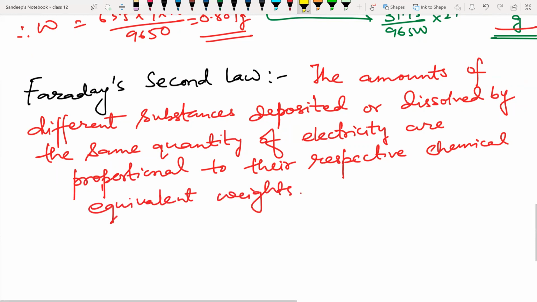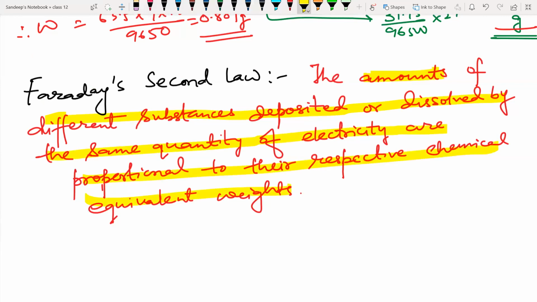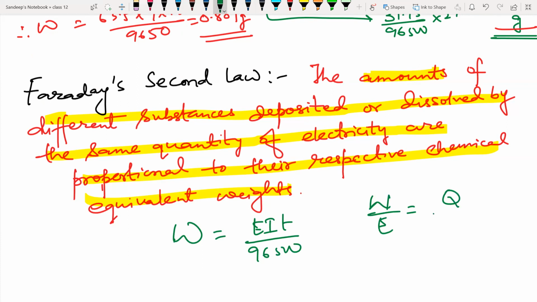So it says that the amount of different substances deposited or dissolved by the same quantity of electricity are proportional to their respective chemical equivalent weight. So when different substances are added in series, you know that W is equal to EIT by 96500. So we can write W by E is equal to Q by 96500.